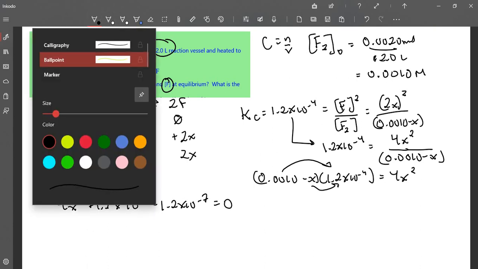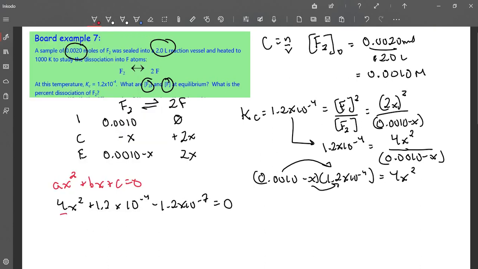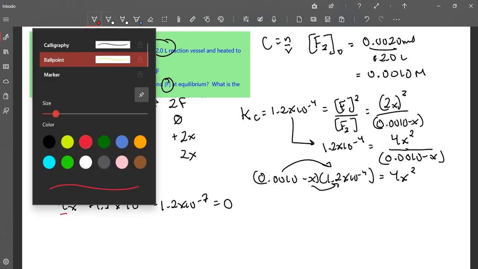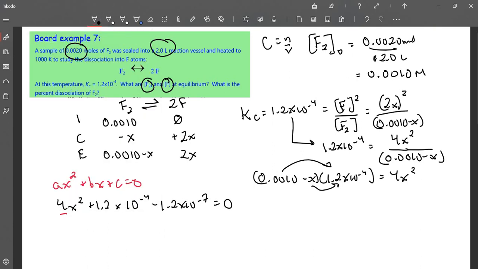Okay, so this is now your a value, 1.2 times 10 to the negative 4, and I'm missing an x here. Okay, this is your b value. So this is a, this is b, and this negative 1.2 times 10 to the negative 7, that is c.